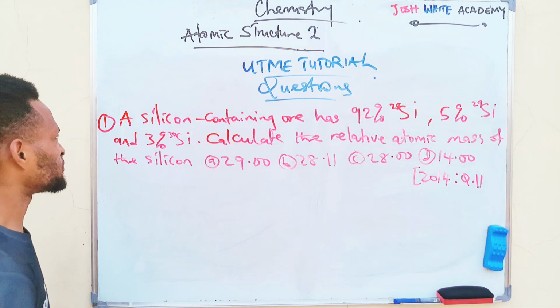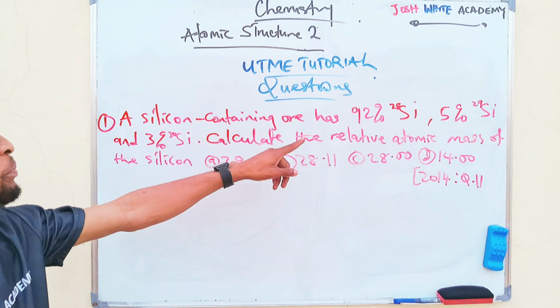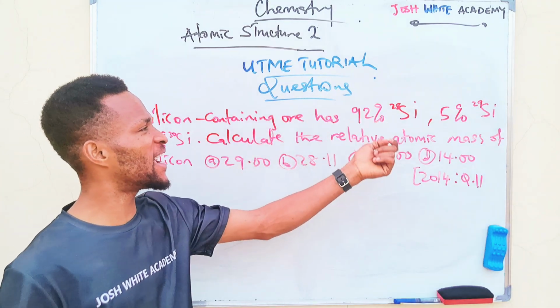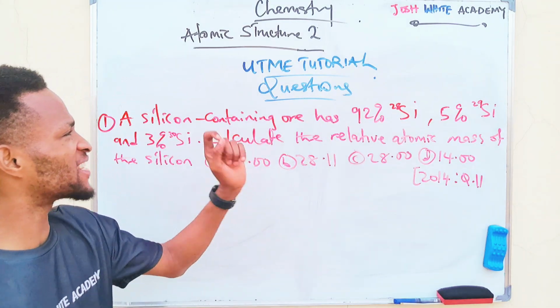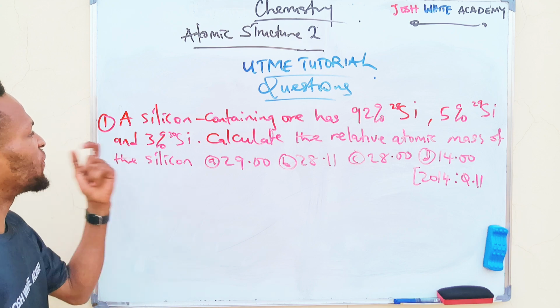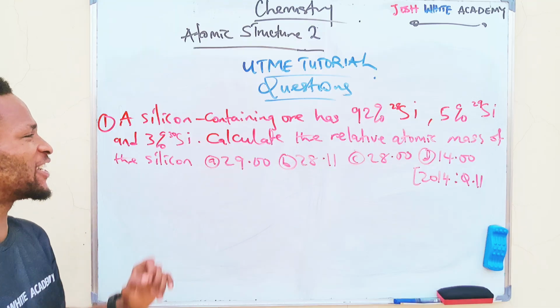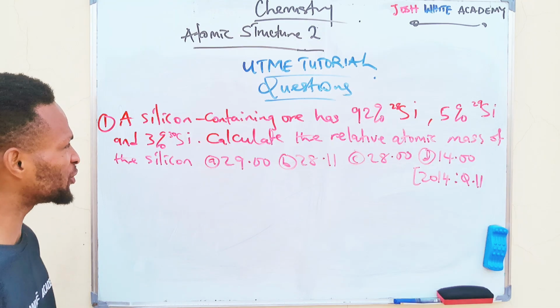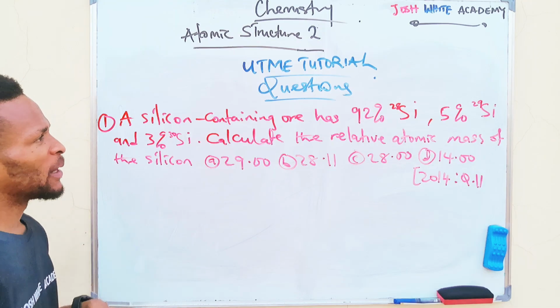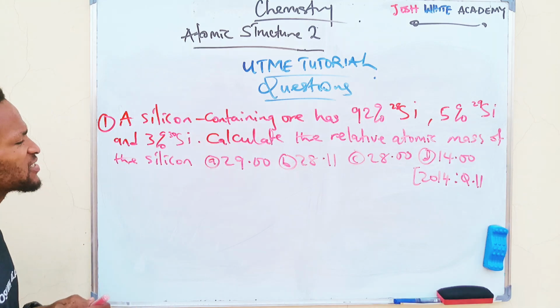Okay, the first question. A silicon containing ore has 92% of silicon 28, 5% of silicon 29, and 3% of silicon 30. Calculate the relative atomic mass of the silicon. Remember I told you, sum the percentage of their mass numbers.